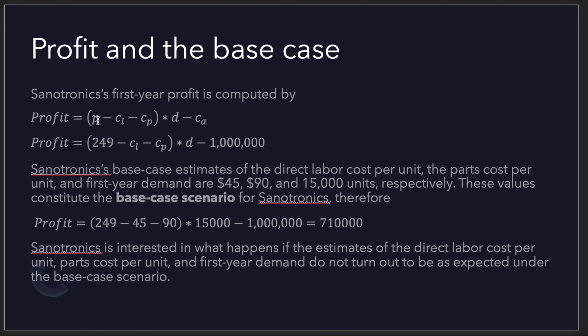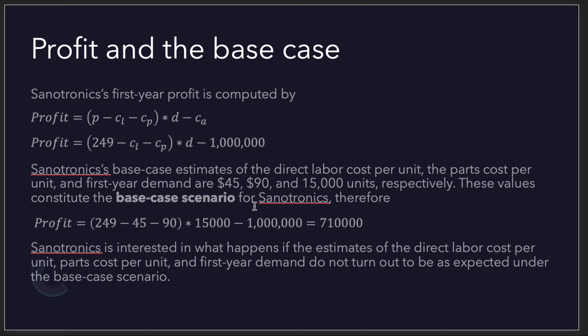Now, if you set this problem up, this is a simple problem of calculating profit. Profit will be the price per unit minus the variable cost values times demand minus the fixed cost value. So that's the total profit. And the values that we know are we are selling it for $249 per unit, and that the fixed cost is going to be $1 million. Now, whenever you do simulation, there's always a base case scenario.